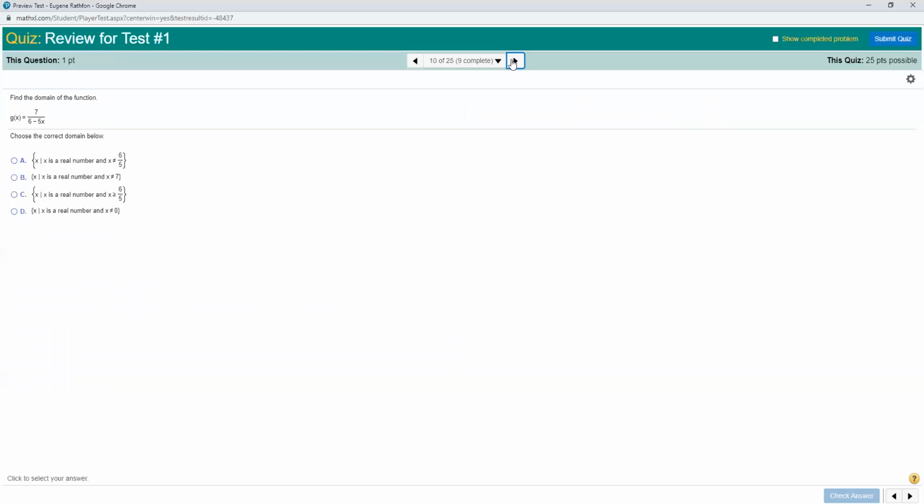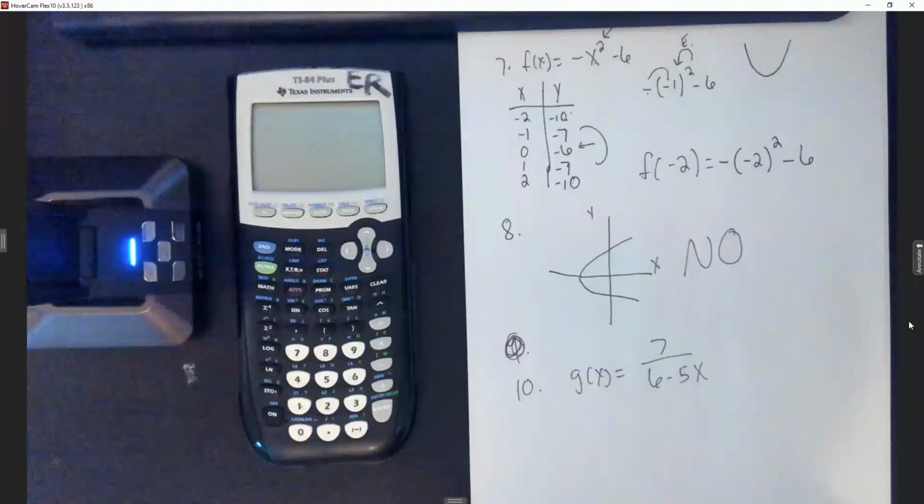All right, what's this say? Find the domain. So these are not bad. G of x equals 7 over 6 minus 5x. So we're finding the domain, and they're putting it in set builder notation. So here we go.